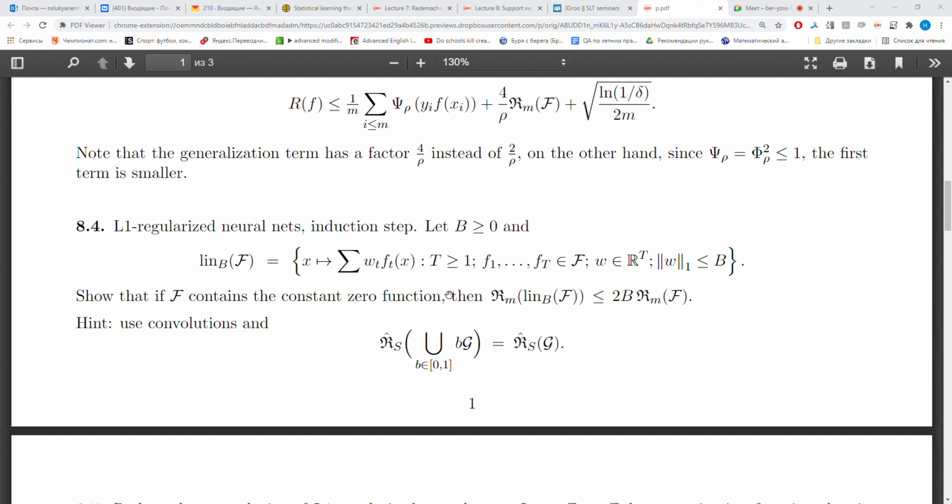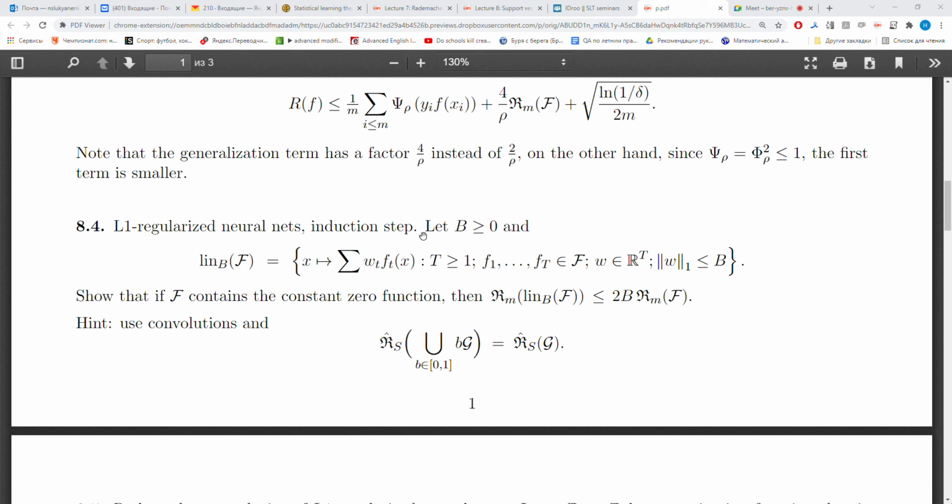We have some simple lemma: the complexity of such a union can be bounded with the b multiplied by the complexity of a set of functions. To be honest, it looks like some natural inequality.